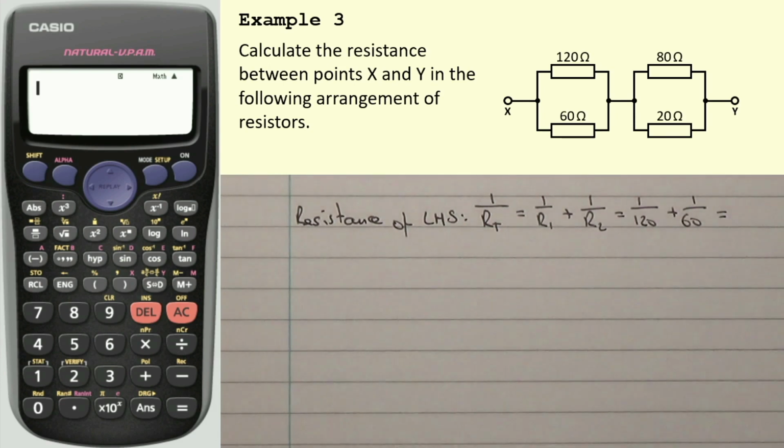Hopefully I should just have enough space to write in that answer. So press the fraction button to start with, remember. 1 and then down, 120, and then click right, plus fraction button again, 1, then down, 60, and that gives us 1 over 40.